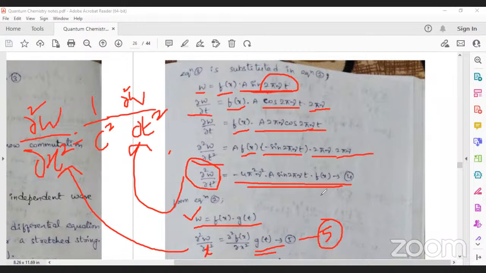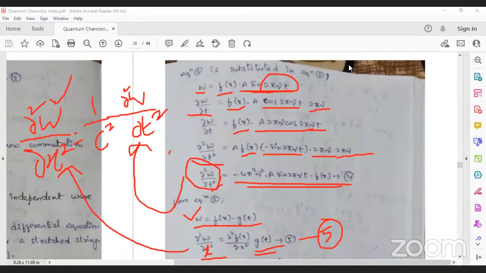Just differentiation, w is there. We are going to define w in the form of f of x and g of t. Two times differentiation we are doing, with respect to t two times, with respect to x two times. Those values are substituted in this equation.